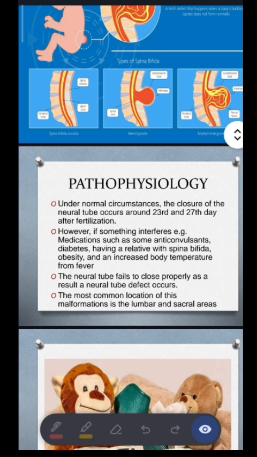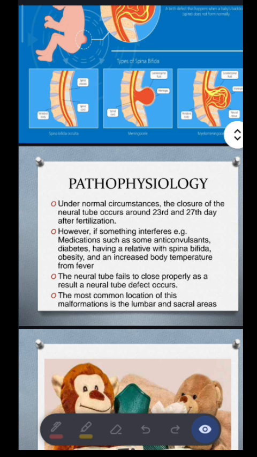However, if something interferes, such as external medications like anticonvulsants, diabetes, having relatives with spina bifida, obesity, and increased body temperature from a fever, the neural tube fails to close properly, resulting in a neural tube defect. The most common location is malformation of the lumbar and sacral areas.